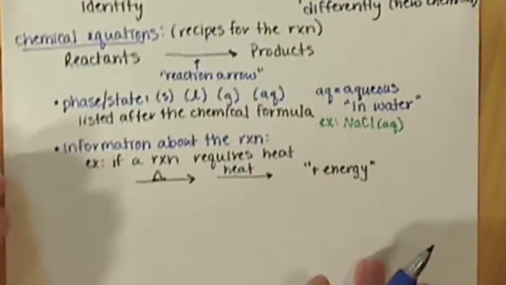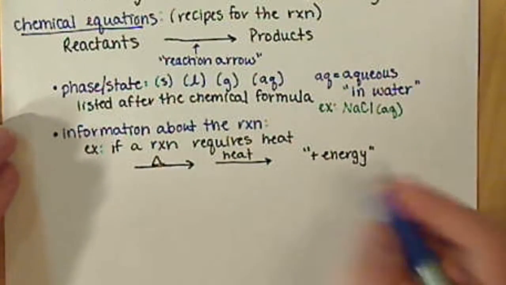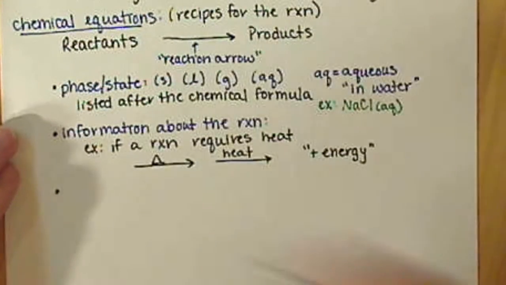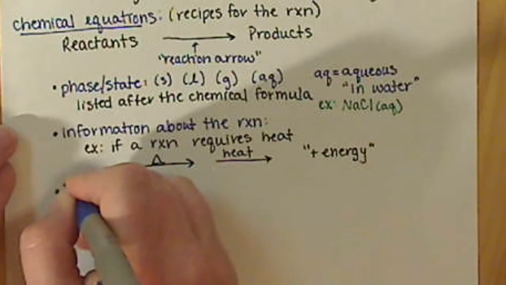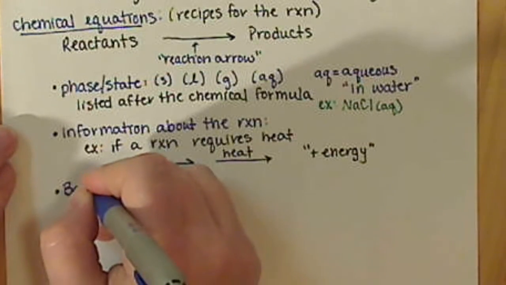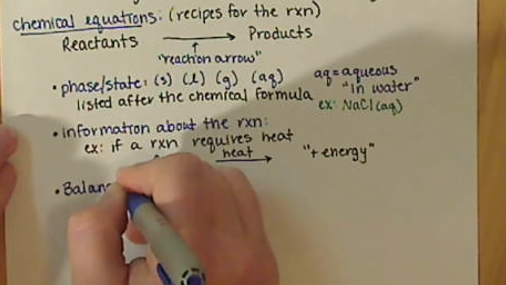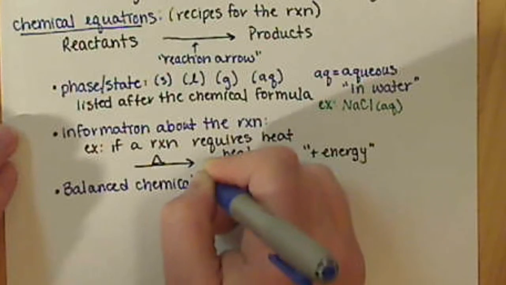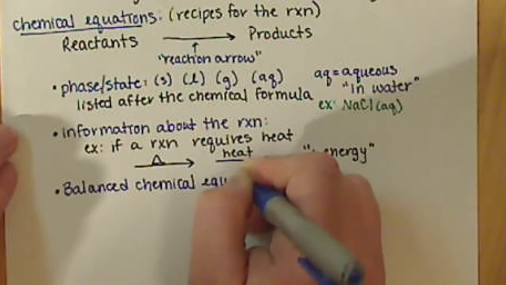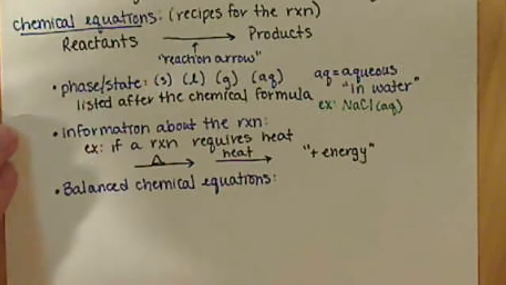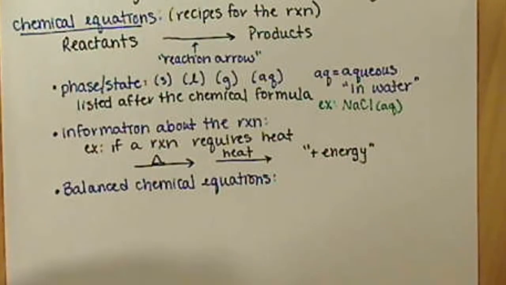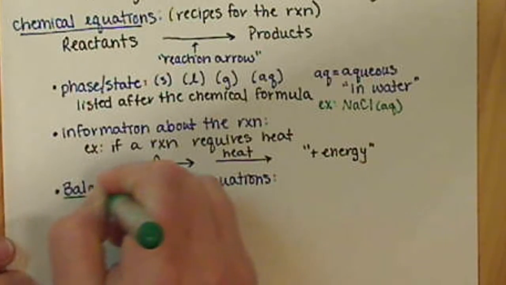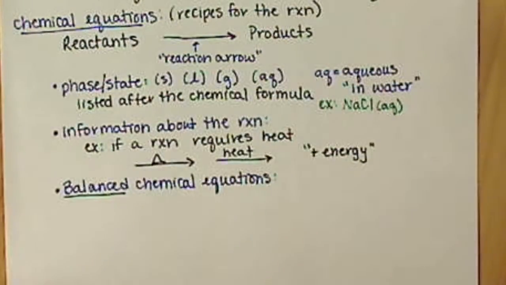Another important component to our chemical equations that we're going to be using throughout this chapter is that we always want to be using balanced chemical equations. So our key word here being balanced.